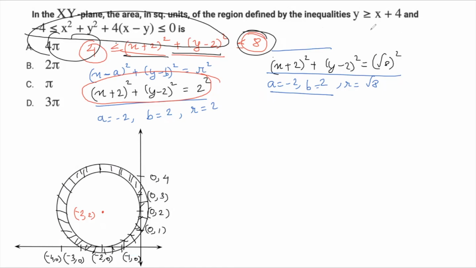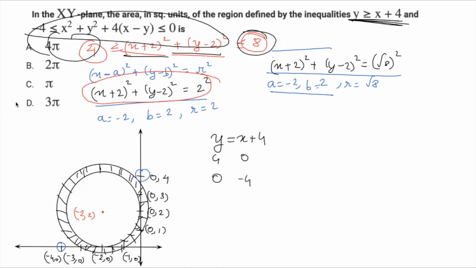The second task is the second inequality, y ≥ x + 4. This can be considered as y = x + 4. If you put x = 0, y will be 4. So I'll highlight this point (0, 4). Similarly, if you put y = 0, x is −4. So I will highlight the second point (−4, 0) on this line.